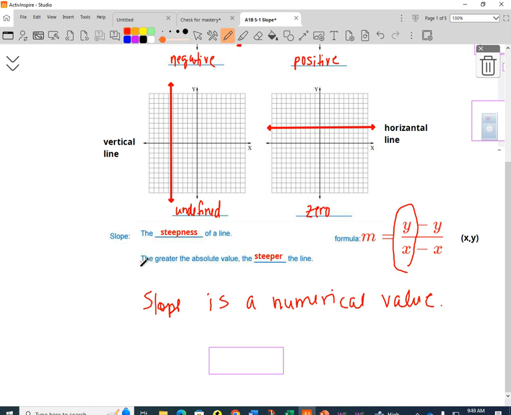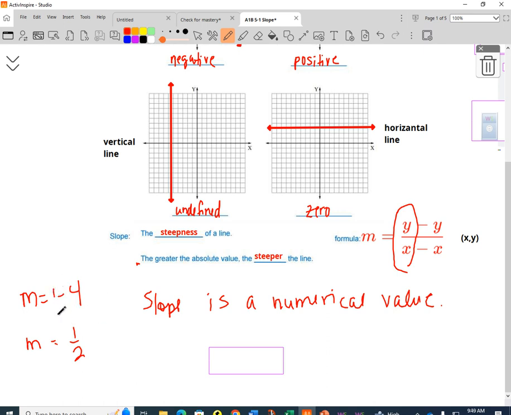So that's why we said here, the greater the absolute value, the steeper the slope. So if we have a line with a slope of negative 4, and if we have a line with a slope of 1/2, which one is the steeper line? Well, negative 4 is a smaller number. Remember, absolute value says how far is it from 0.